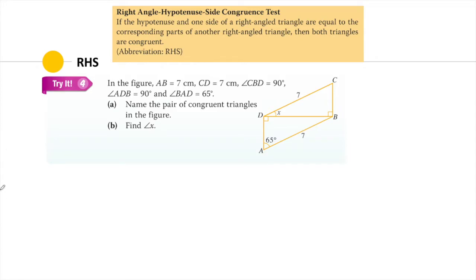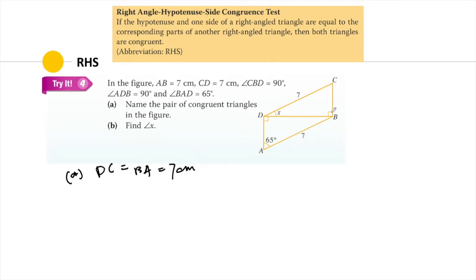So in try 4, part A, name the pair of congruent triangles in the figure. Since these two triangles given are right angled, we just need to prove that the hypotenuse and one of the sides are equal. So DC is equal to BA, in this case 7 cm, and one more side is equal.